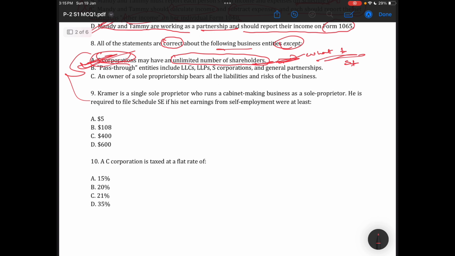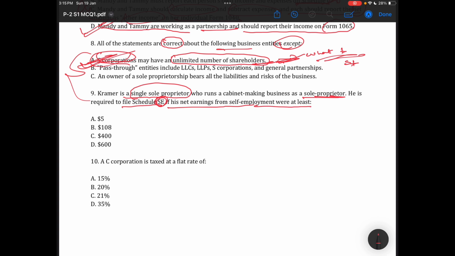The next is Kramer, a single sole proprietor who runs a cabinet making business. The most important thing is that he runs the business as a sole proprietorship. He is required to file Schedule SE if the net earnings from self-employment were at least a certain amount.